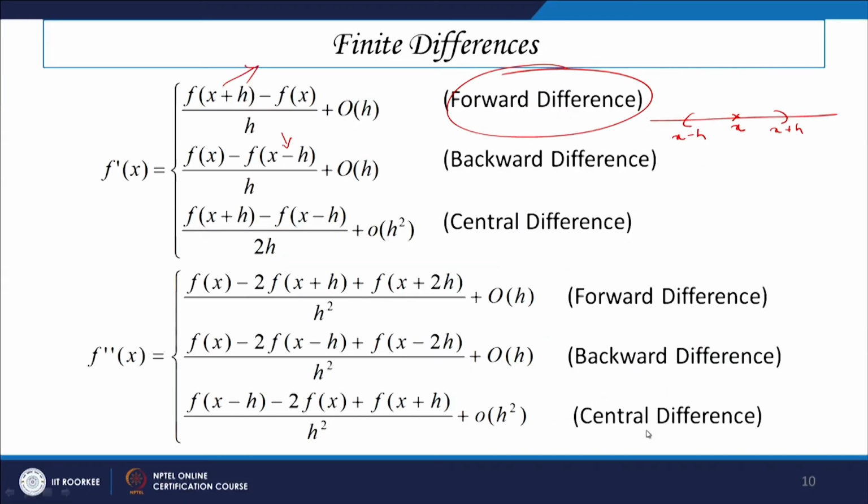In this way, we obtain this forward difference formula as f of x minus 2 f of x plus h plus f of x plus 2h. We always start at the point x, and in the first step we move to x plus h, and in the second step we move to x plus 2h. That is why it is called a forward marching formula, since we always move forward.